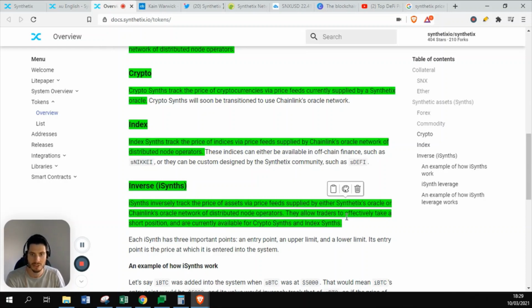They allow traders to efficiently take a short position and are currently available for crypto synths and index synths. So you can now short indexes and you can short cryptos. And it seems that for example, the stocks and the commodities, they don't yet have the inverse options.